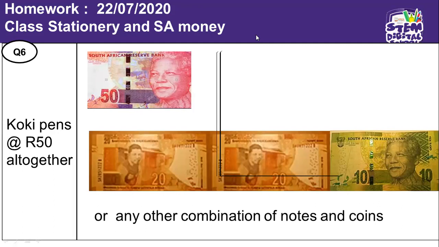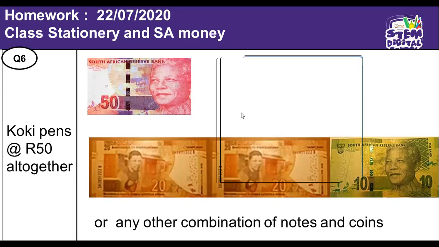I want to see who else can pay 50 Rand for the cocky pens using any other notes. Oh, Ria as well. Tell us, how would you pay for your cocky pens? Which notes or coins would you use?